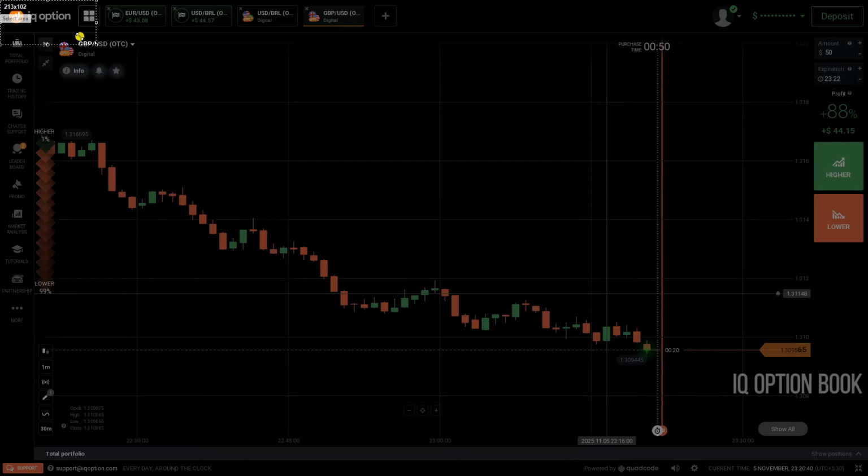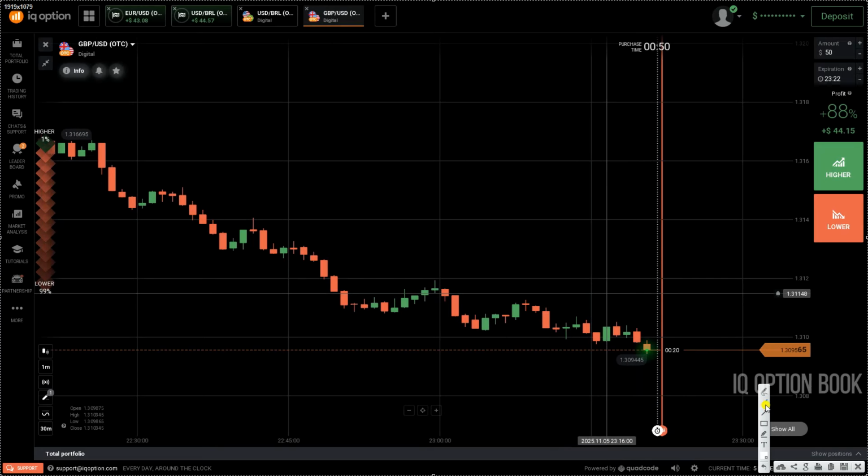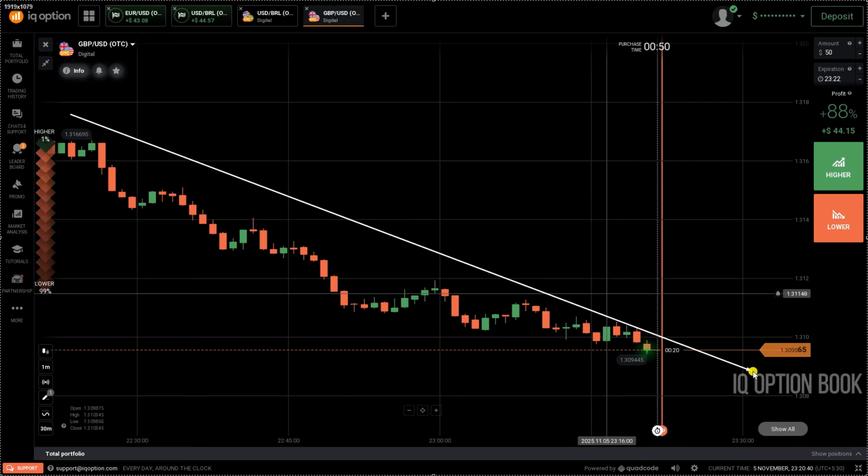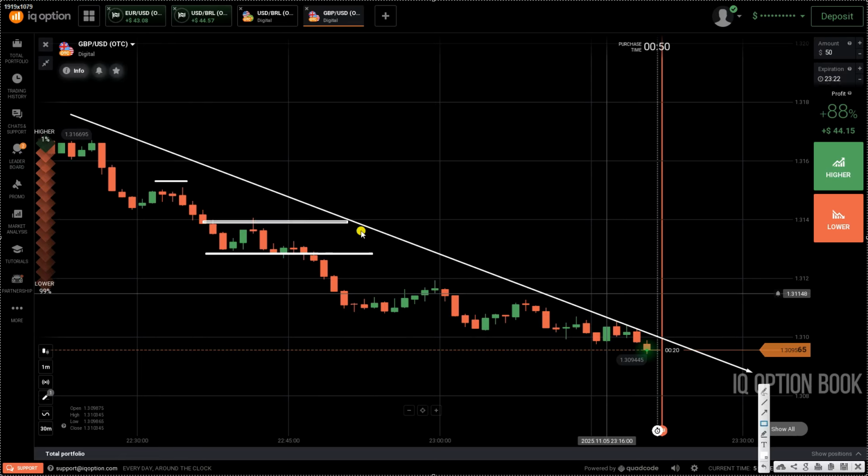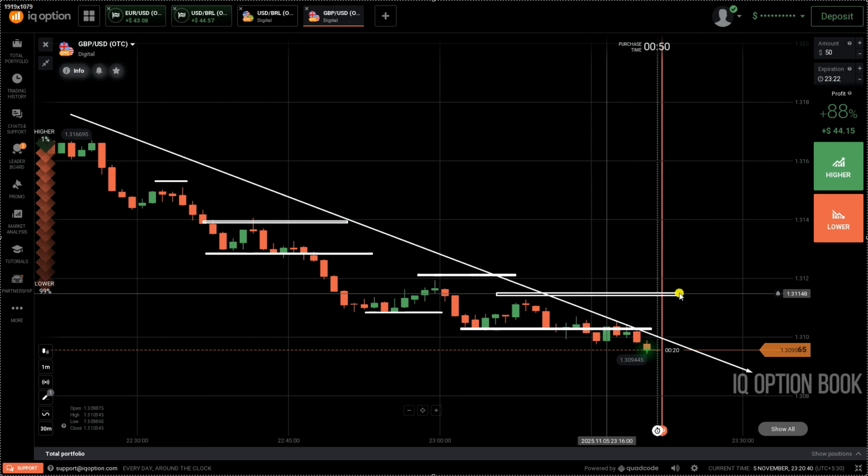As we analyze, it is clearly a simple downtrend line, and in this downtrend there are clear lower highs and lower lows. This is the last highest high, lower low, lower high, lower low, lower high.